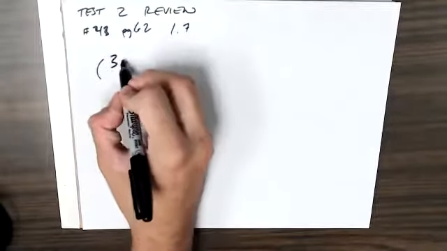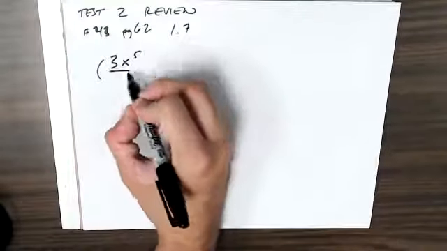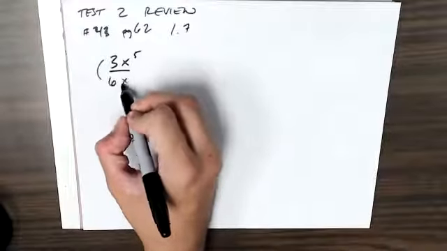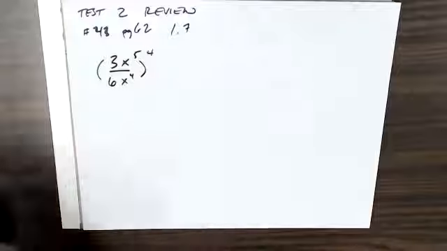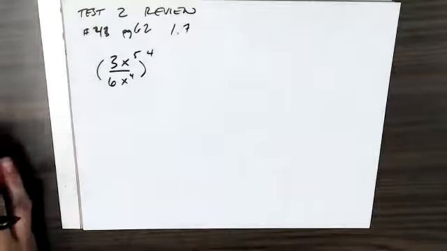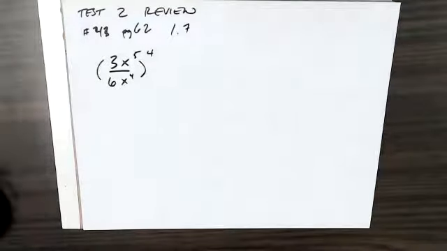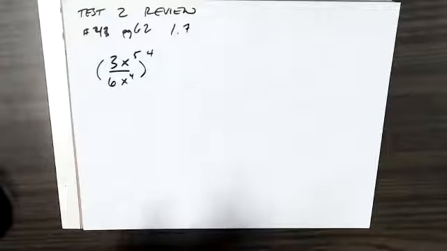So if we look at this one, we've got 3x to the 5th over 6x to the 4th, raised to the 4th power. Okay. Now, I'm going to pick on you a little bit, Amanda, because there's just so many ways to answer this. Remember how I talked about that yesterday, like my brain might think different than your brain. So where does your brain go first for this one?